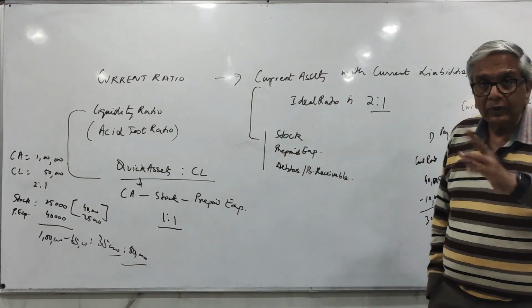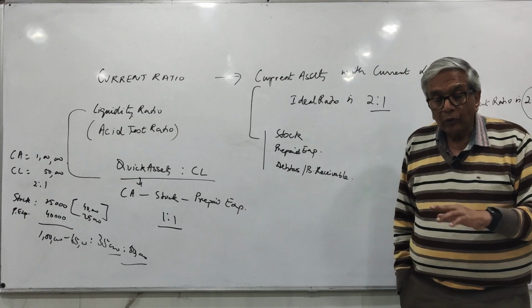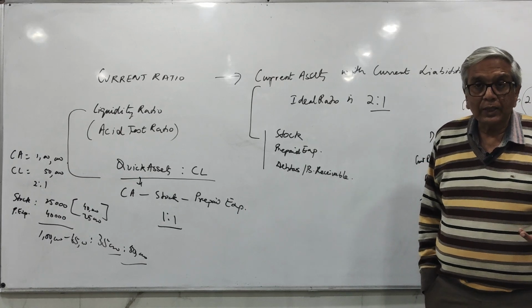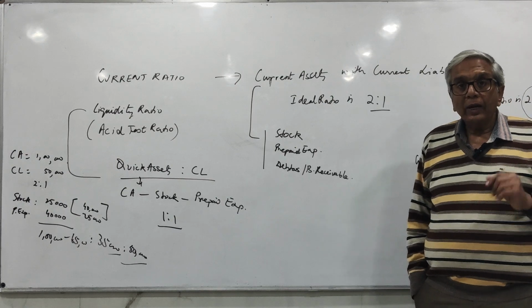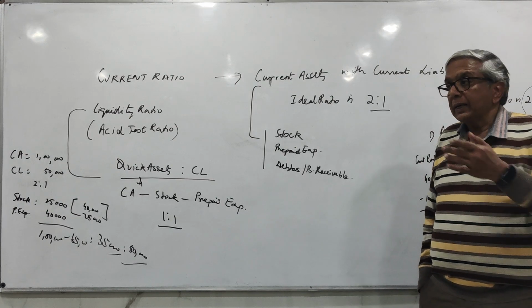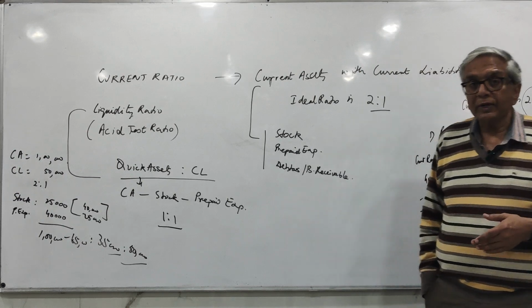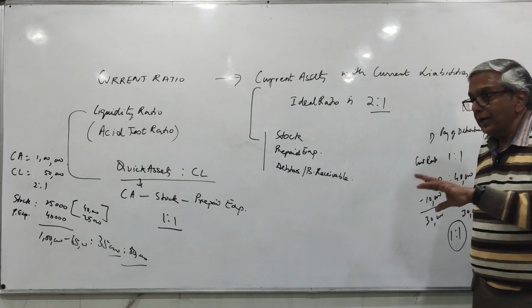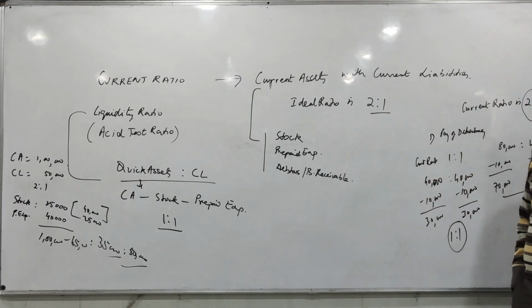Understand what we are doing. Till now you are very clear what current assets are. Current assets are all those assets which can be converted into cash or any form of cash within one accounting period. And current liabilities are all those liabilities which have to be paid off within one accounting period. So we are comparing current assets with current liabilities.